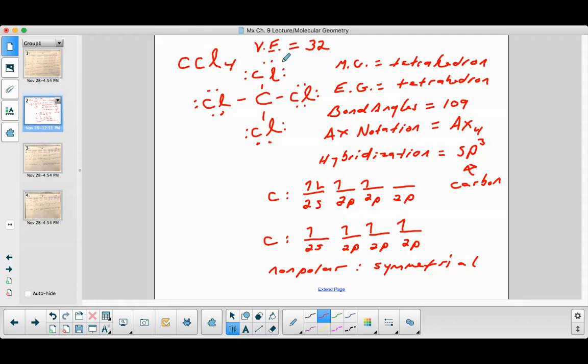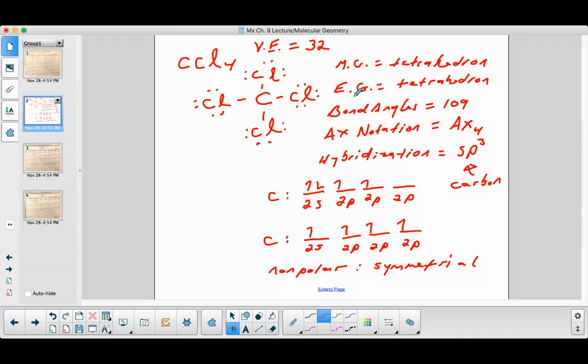And then I would distribute each of the remaining electrons, 6 remaining to each of the chlorines. So that one's pretty straightforward. So then the molecular geometry that results from this, MG, molecular geometry, I'm abbreviating here, is called a tetrahedron. And the electron geometry is also a tetrahedron.